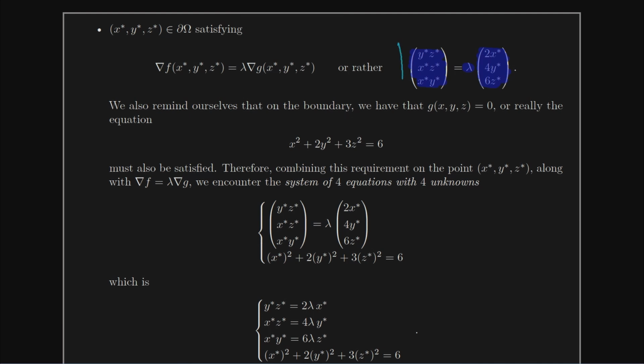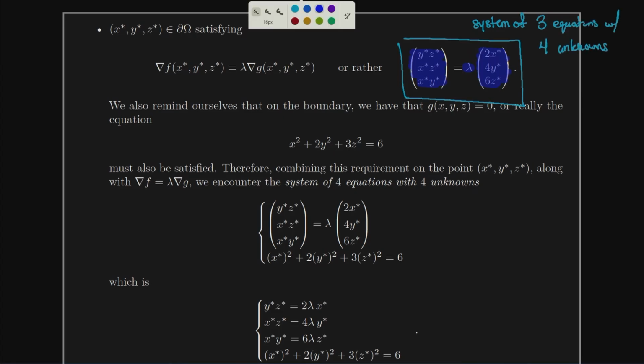And we see once again, this is a system of 3 equations with 4 unknowns. We have an x, a y, and a z, as well as a lambda that are all unknowns. How do I find a 4th equation?